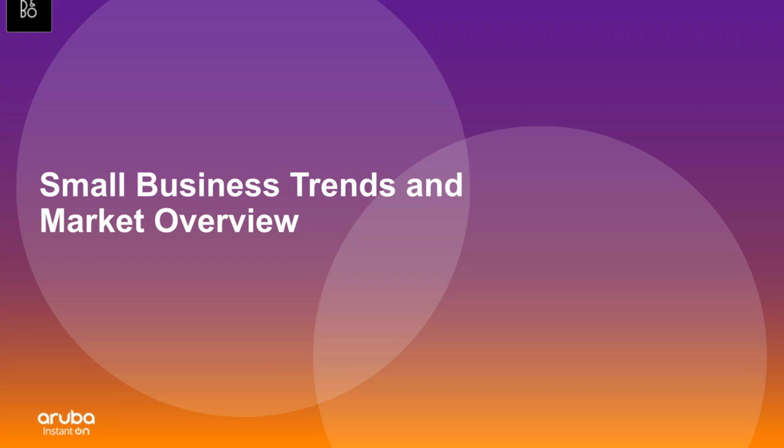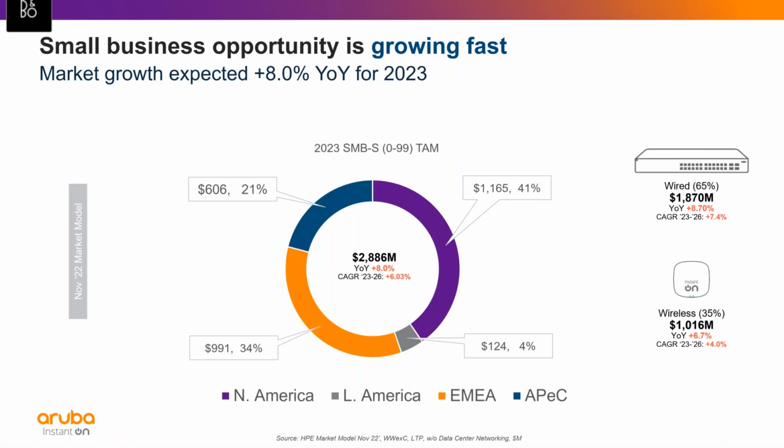So before we get into talking about the actual product, let's talk a little bit about some of the small business trends and cover the market overview. I know I've hit this with you before, but just as a refresher: when we say small, medium business, the small part of that is that less than 100 user space, which is primarily where most of the Instant On product line fits.